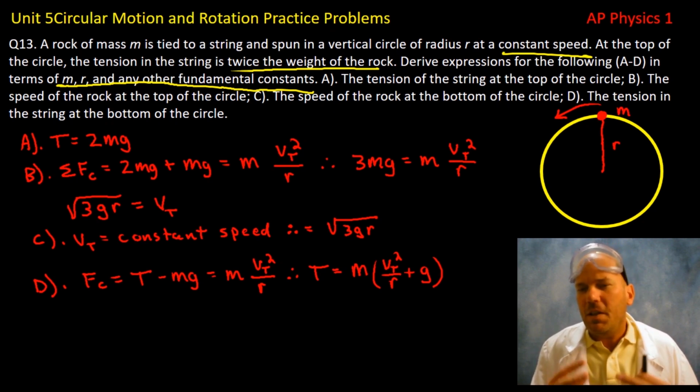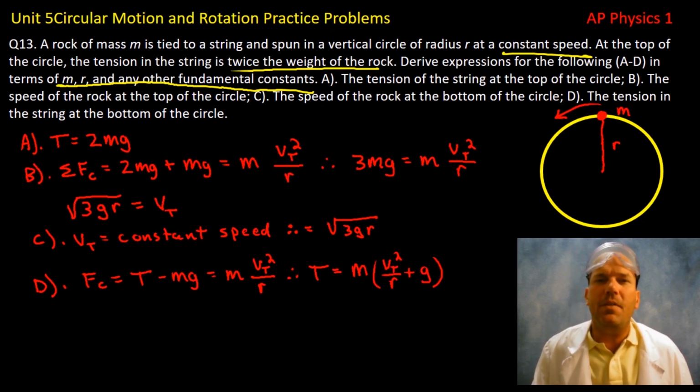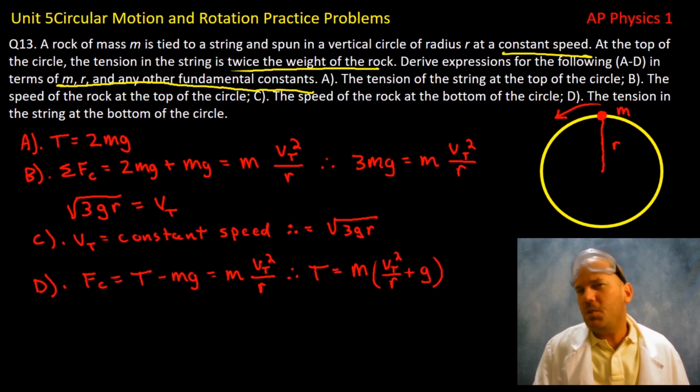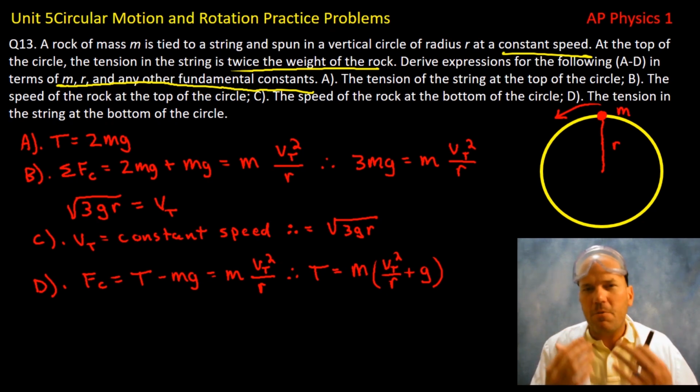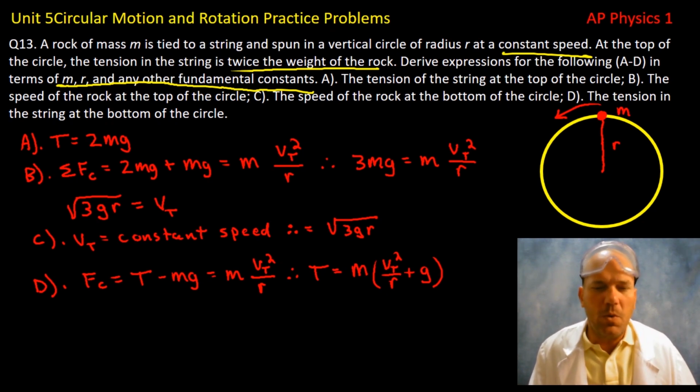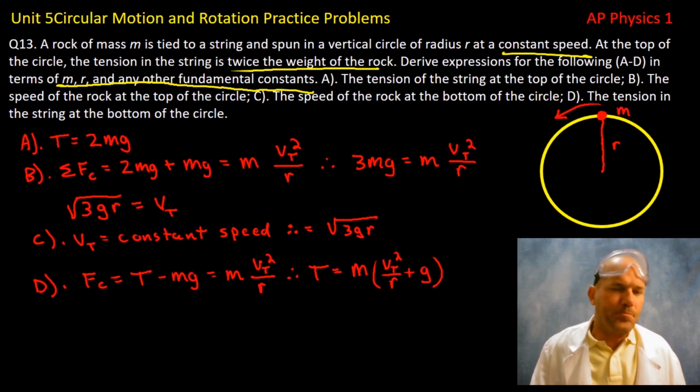earlier, but now we're asked to derive it at the bottom of the circle. And we've learned through several problems now that the force of tension at the bottom is going to be greater than the force of tension at the top, and we've shown that semi-quantitatively repeatedly here in the last few questions. So let's go ahead and put in what we know.